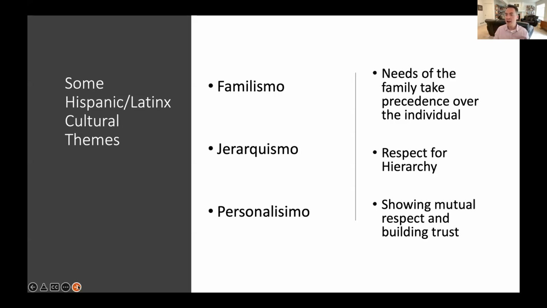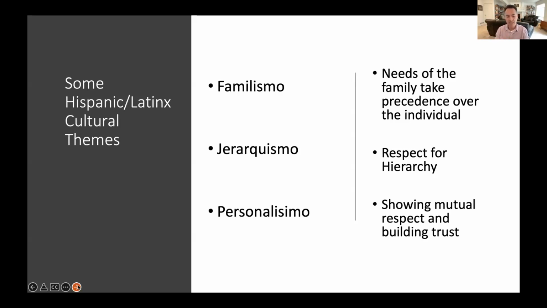Hierarchismo, respect for hierarchy. This goes again to the power dynamic between doctor and patient. It also goes between husband and wife, brother and sister, aunts and uncles. So this can go back to showing respect for a person, calling them Mr. and Miss, Señor, Señora, using the last name and not the first name.